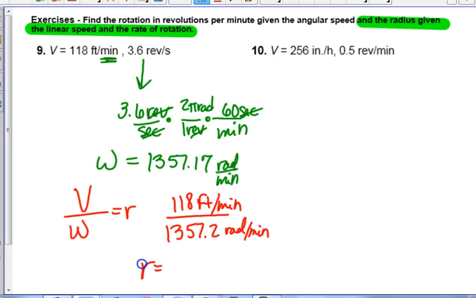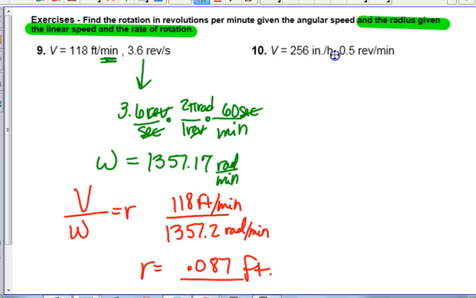And that will give us how many feet? About 0.087 or something. We could have reduced it all out and seen what happened, but whatever. Yeah, we could multiply by 12 and make it inches.